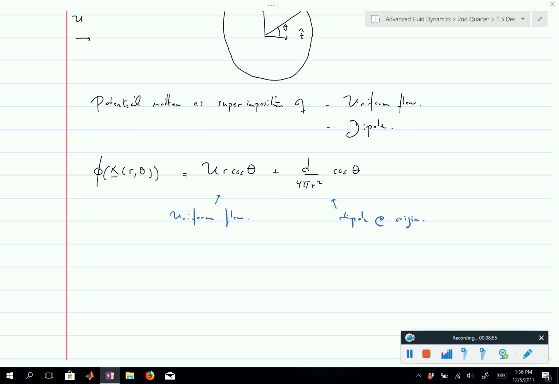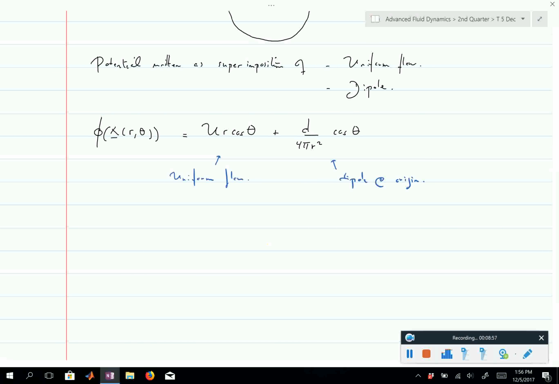So the flow is completely inviscid, and therefore you cannot impose a no-slip boundary condition. You can only impose a no-slip boundary condition when you have a viscous flow. So here we have to impose a no penetration boundary condition at the surface of the sphere.